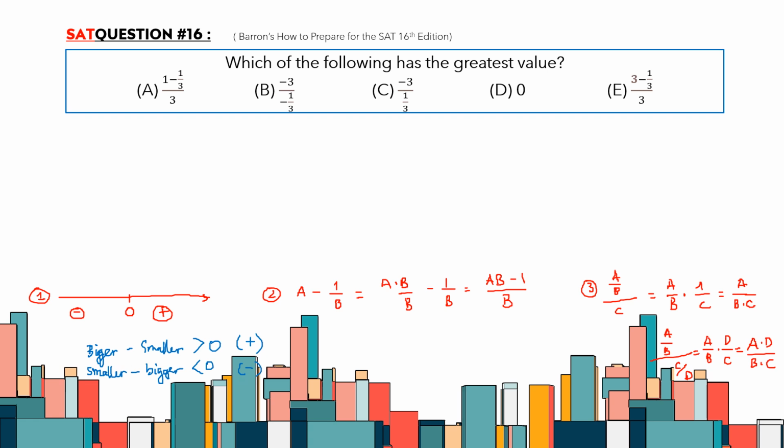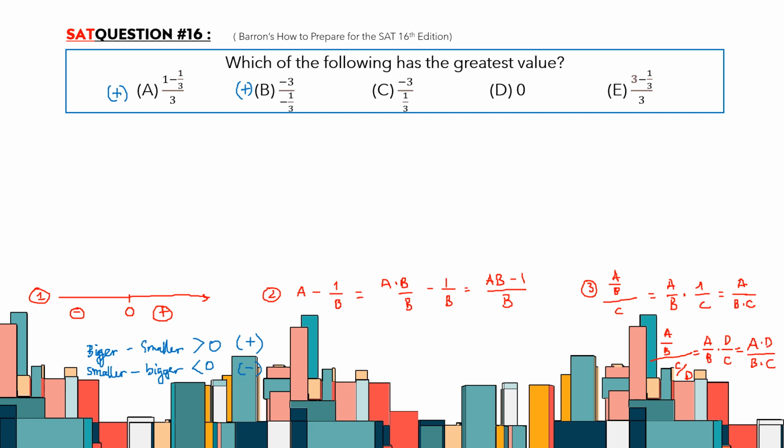So we're checking on A: 1 is greater than 1/3, so it produces positive, and positive divided by positive is positive. So A is positive. Then we have negative 3 divided by negative 1/3. We have two negatives, so negative divided by negative will be positive. Then we have negative 3 divided by 1/3.